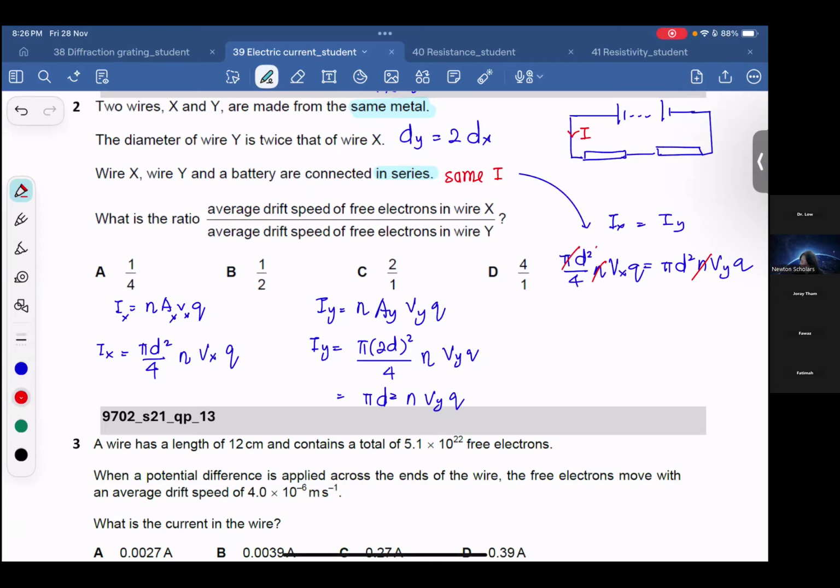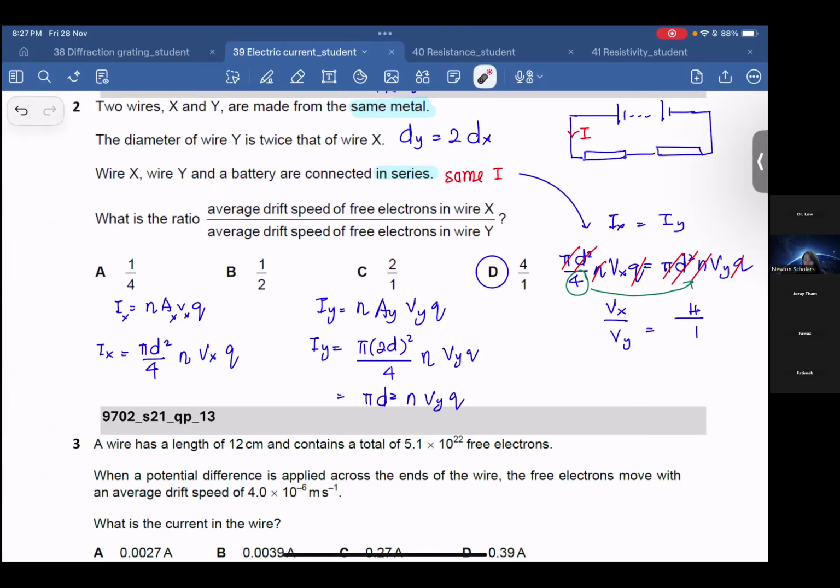Then pi d cancels, and q also cancels. So Vx over Vy becomes 4 over 1. The 4 here moves to the other side, so it becomes 4 over 1.